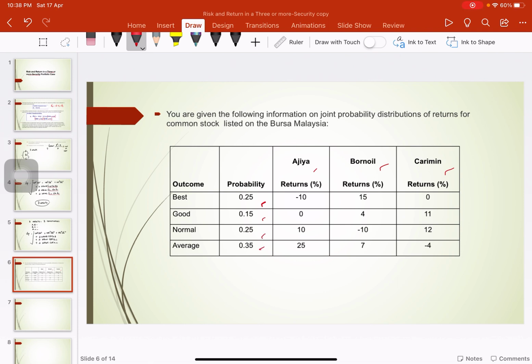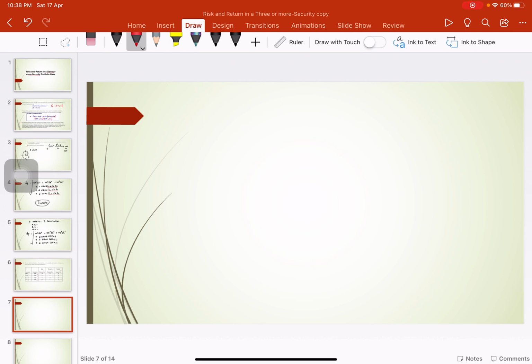So step number 1 is we have to calculate the expected return of the single asset first. Kita nak calculate the RA, Ajia. So kita follow dia punya probability.